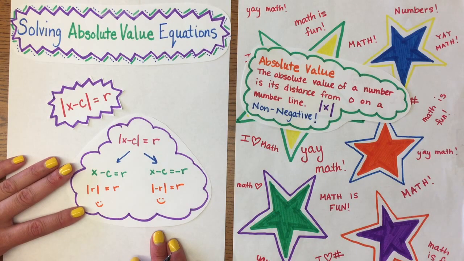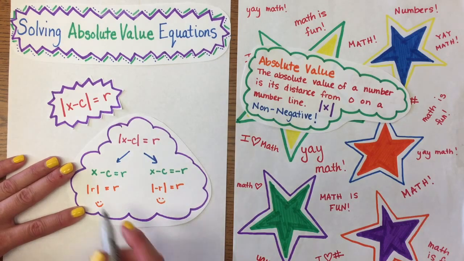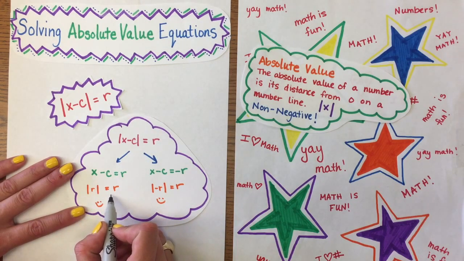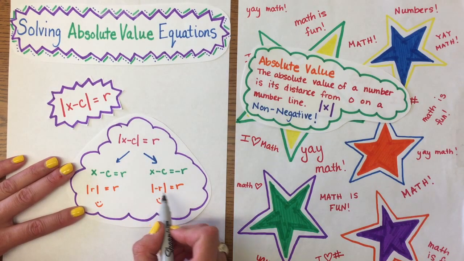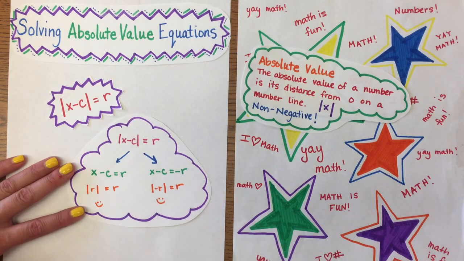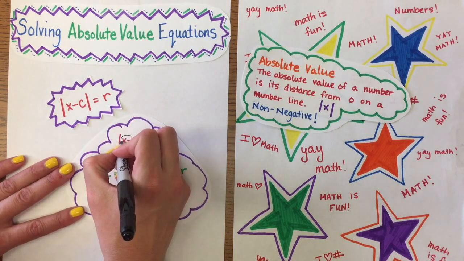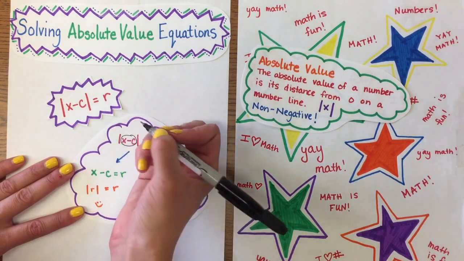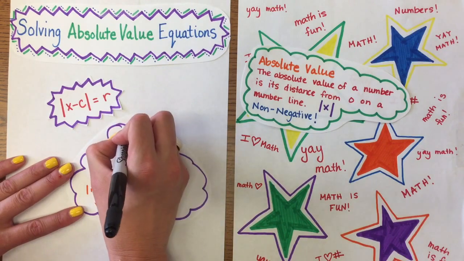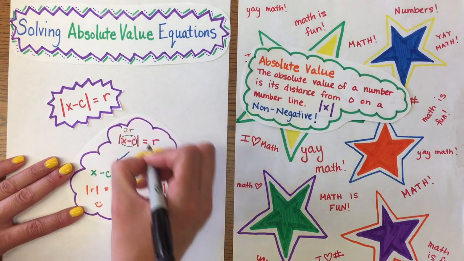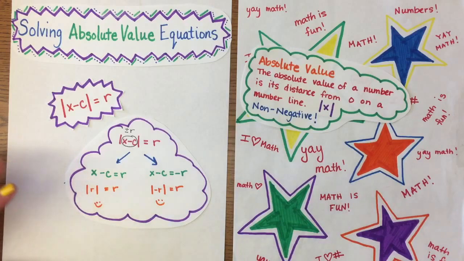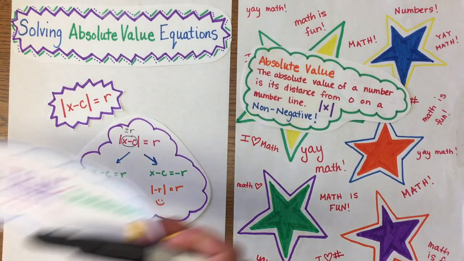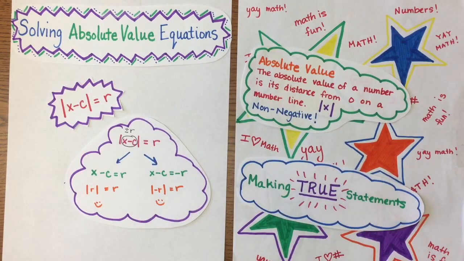If I have a negative value that I put inside the absolute value, it's also going to be positive. So the absolute value of r is equal to r, and the absolute value of negative r is equal to r. So what that means is this quantity inside could either be positive or negative r to make a true statement. Remember, we're trying to make true statements whenever we solve.